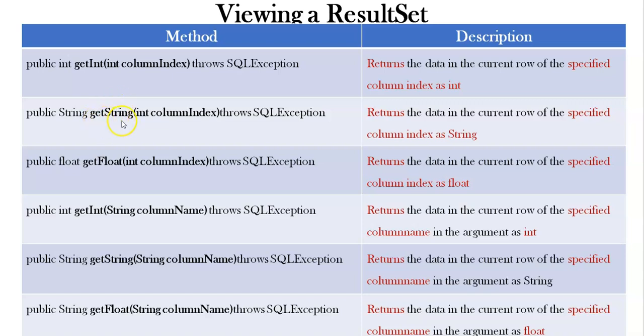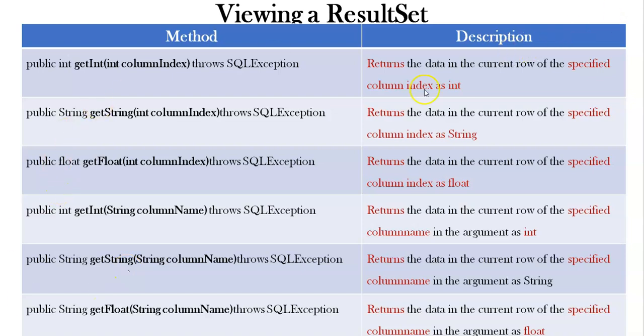Similarly, the getString method can take the column index as well as the column name, and the getFloat method can take both the column index as well as the column name as argument. Column index refers to the column number, like the first column, second column and third column.